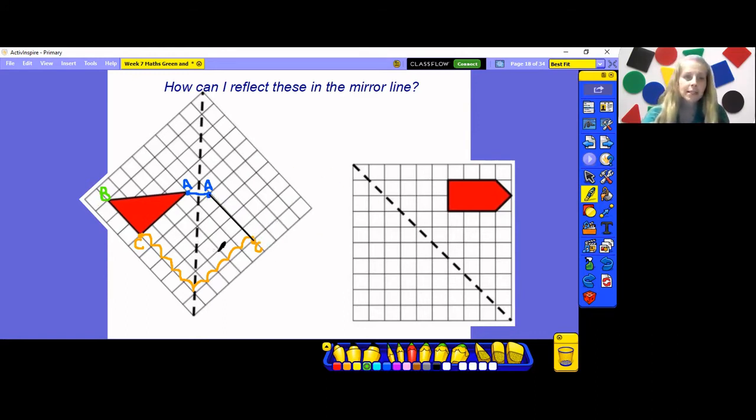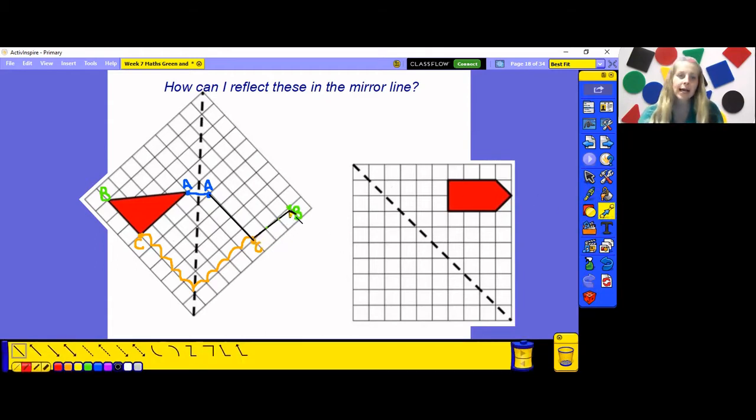So I'm going to go up, as it said, 3. So 1, 2, 3, and then I'm going to mark my position of B there. So then I can start looking at C to B, and I know that A and B go together there, which makes a nice successful reflection of that shape.